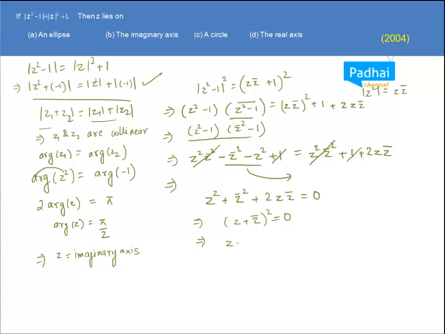That means z + z̄ = 0. And now it is obvious that z will be lying on the imaginary axis, because if z + z̄ = 0, that implies z = −z̄, which says that z is purely imaginary.